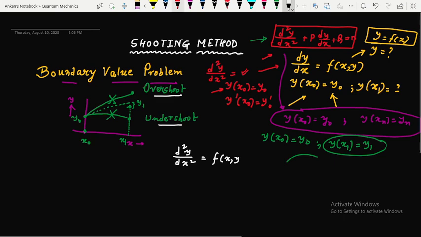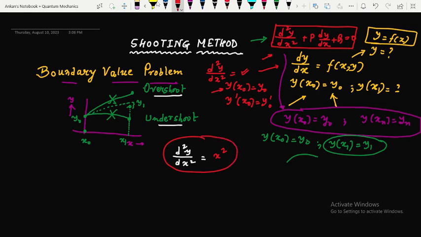Or more precisely, you can pick up the general differential equation, or you can assume like this. Let us suppose the given problem is to solve d2y/dx2 = x square.